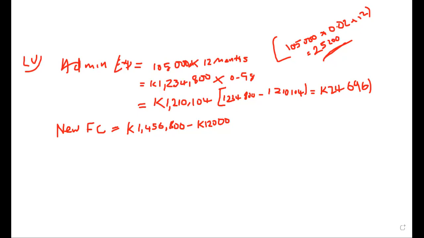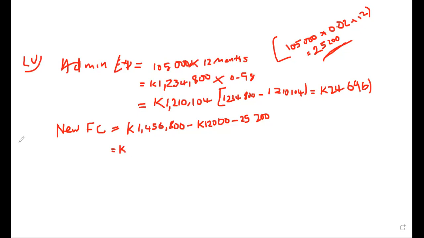So we will subtract this one instead of this one. So we say minus 25,200. Okay, so 1,456,800 minus 120,000 minus 25,200. How much are we going to have as our new fixed cost?